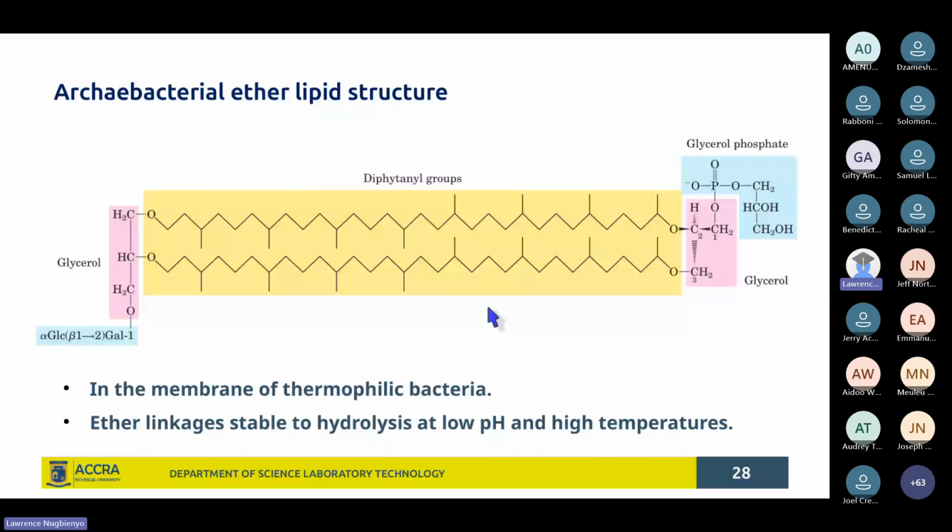I mentioned that the complexity of it tells you that it requires a high amount of energy to be broken down, and these ether lipids are found in the cell membrane of thermophilic bacteria that can stand very high temperatures and very acidic pH conditions, so that even in those conditions, these bacteria still survive and do not get broken down, the cell does not die in such high temperatures.